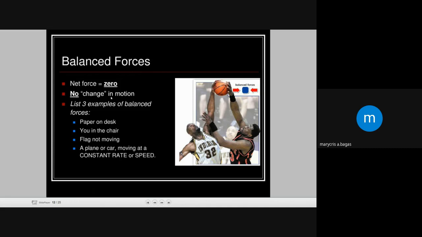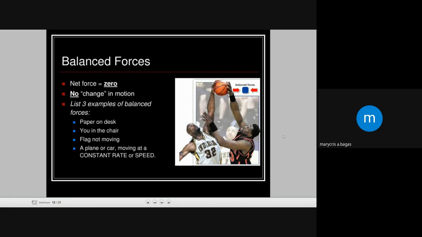No change in motion because they have equal force. List 3 examples of balanced forces. Paper on a desk. You sitting on the chair, it's balanced force, right? Not moving. A plane or car moving at a constant speed.